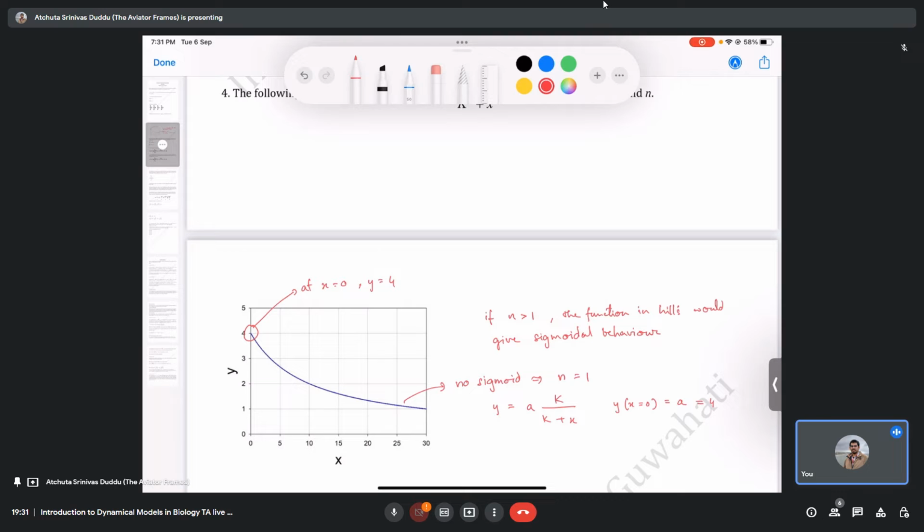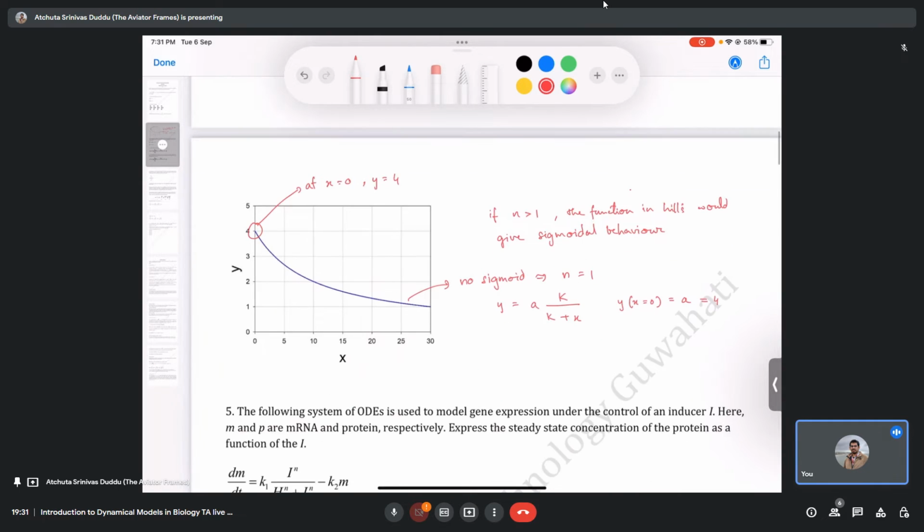The Hill's constant k, in a Hill's form, is where there's a sigmoidal behavior, or even for n equal to 1, at the point where the y value goes to half of its maximum or minimal, that the difference is determined by the value of k, the x value at which y goes to half of its maximal value, right?